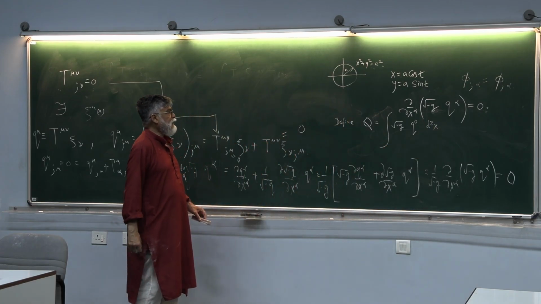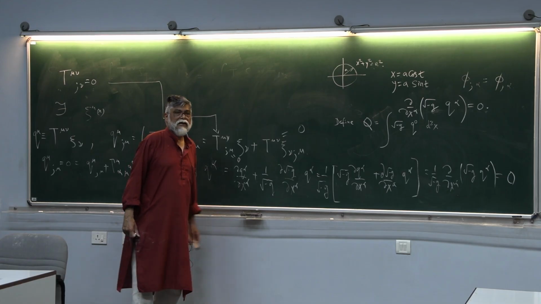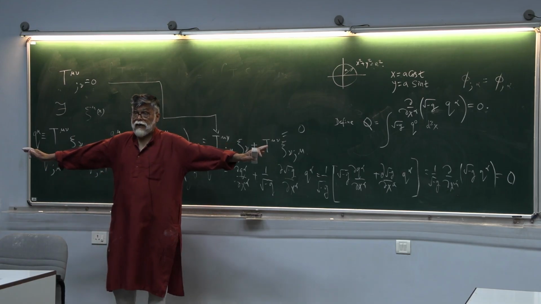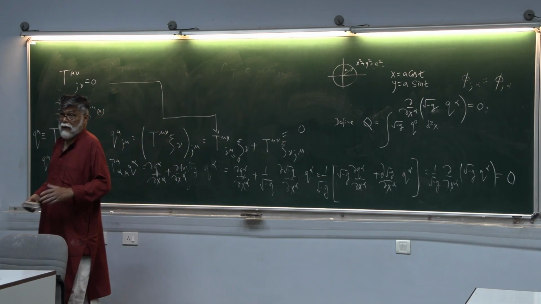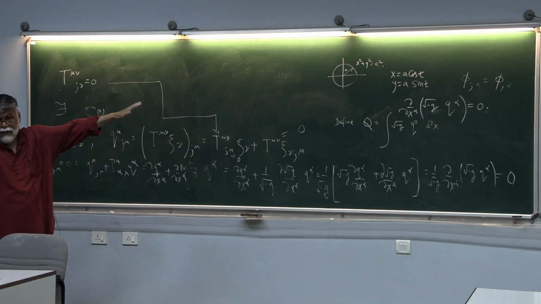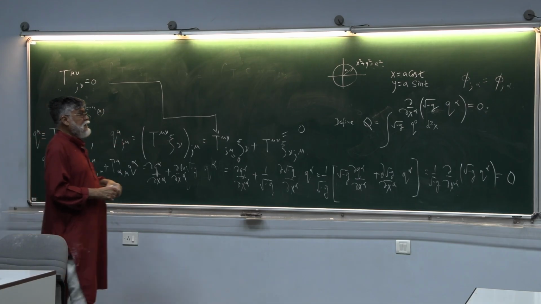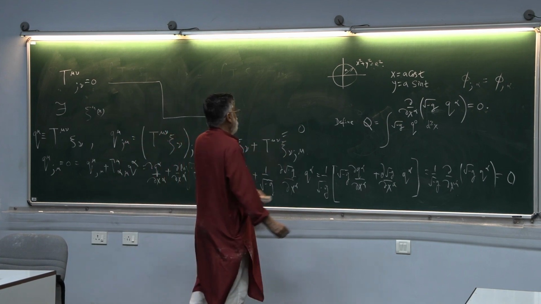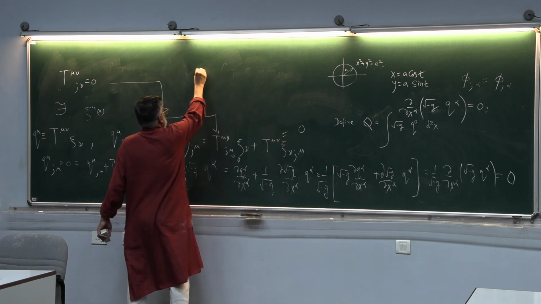Then you can immediately prove that capital Q is a globally conserved quantity. Remember, the integral is over space. Capital Q is defined as root minus g q0 d cube x, meaning I am integrating over space. Why is it globally conserved? Take the derivative dQ by dt.